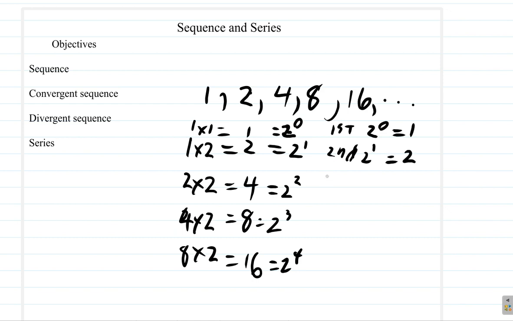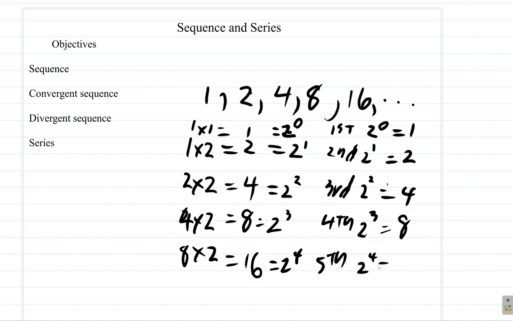The third term is 2 squared, which is 4. You can see it here, right? The fourth term is 2 to the 3, which is 8. The fifth term is 2 to the 4, which is 16, and so on.